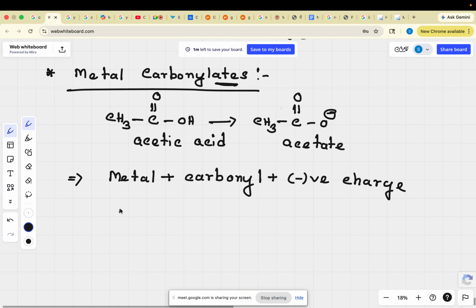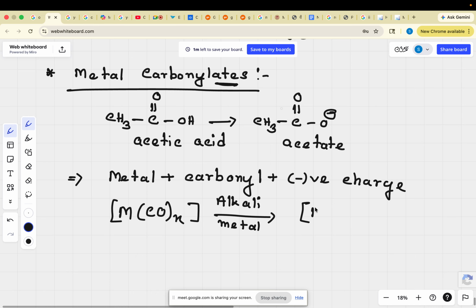So in general, suppose you have M(CO)x. Now I am reacting with an alkali metal. Alkali metals, like sodium and potassium, donate electrons, and those electrons will be taken up by this metal center.